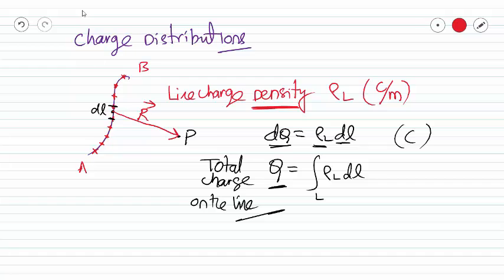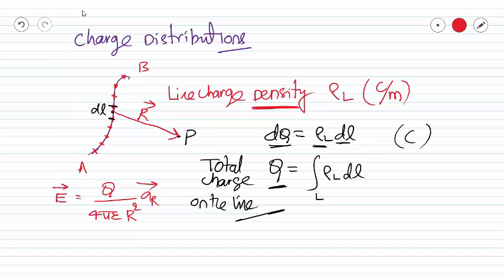So what is the general expression for electric field at a point? It is given by q by 4 pi epsilon r square a r bar, where r is the distance between the reference point and the point of interest. Now in this case the charge q is not a point charge. Earlier q was a point charge.